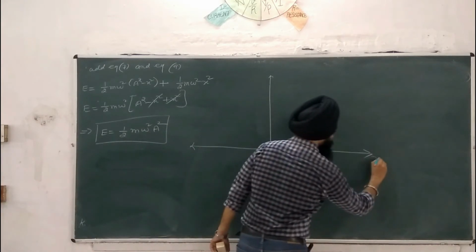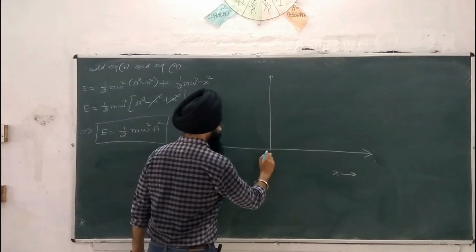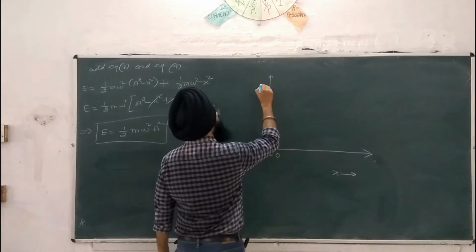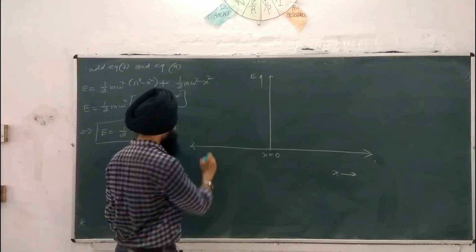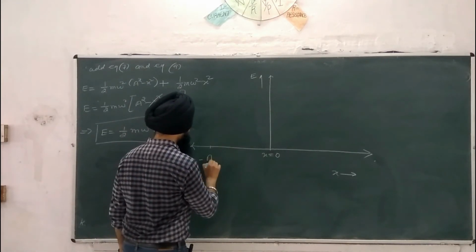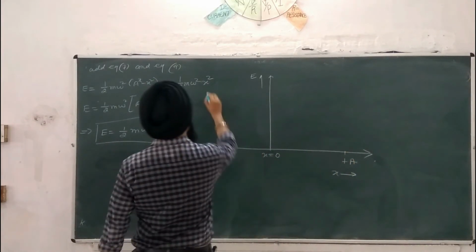This is the value of x. So here x is 0. This is the value of energy. Now these are the extreme positions, minus a, plus a.